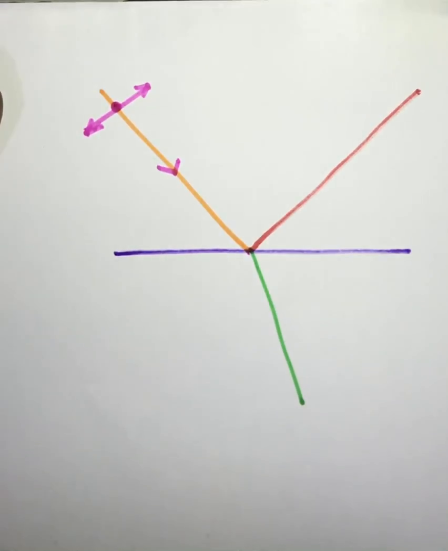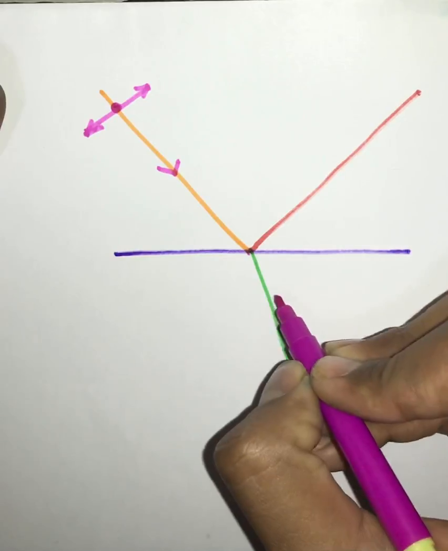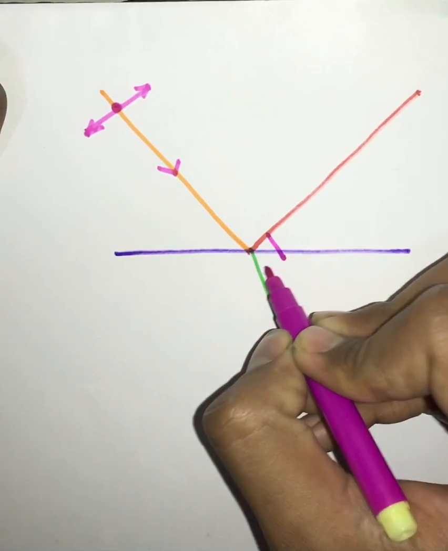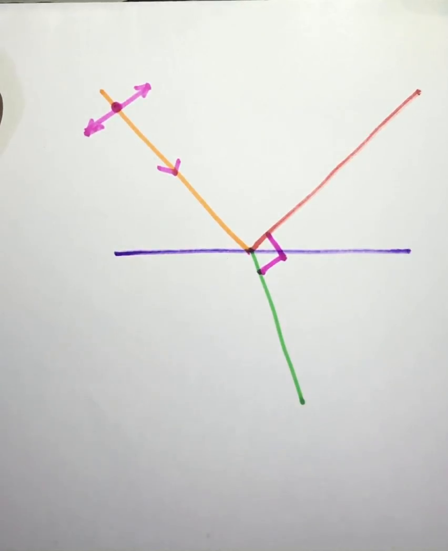Now what Brewster said is that if this reflected light and refracted light make an angle of 90 degrees, both the lights will be polarized light.